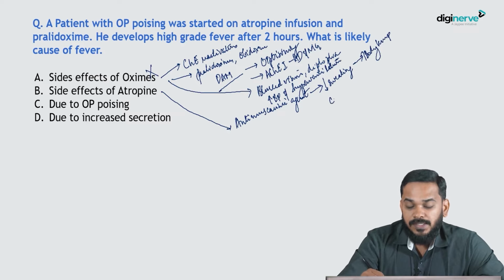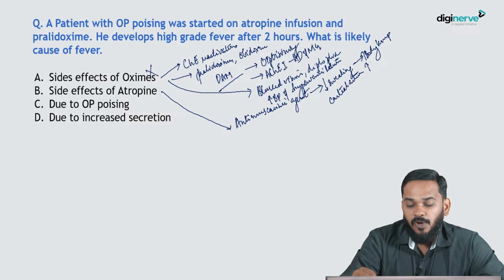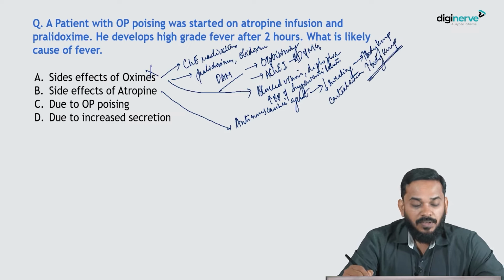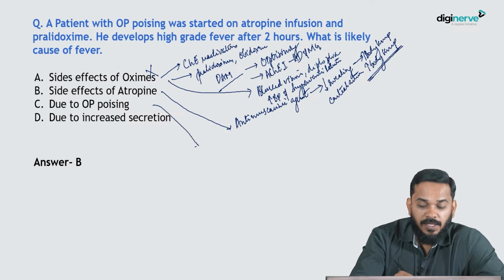Atropine also has central action, which will also increase the body temperature. So this would be the correct option. Organophosphate poisoning does not produce an increase in body temperature.